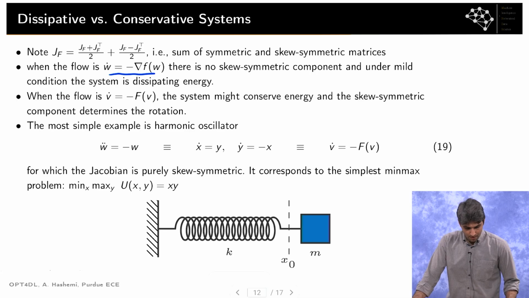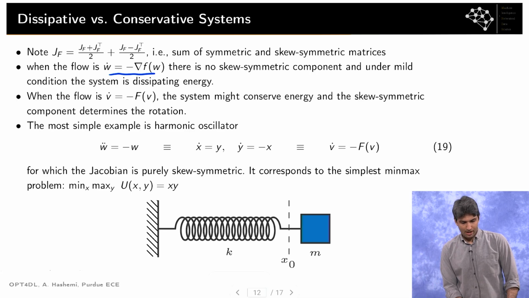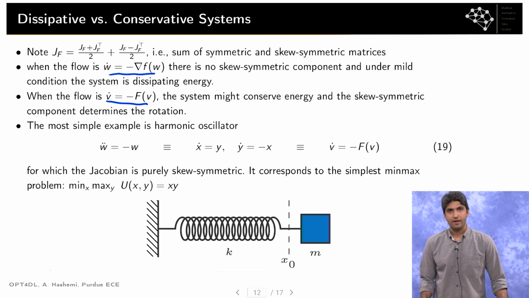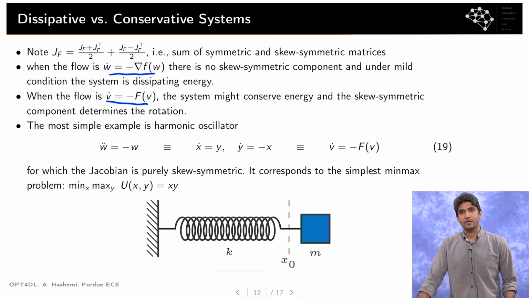Okay? On the other hand, when you have this general flow where capital F is not the gradient of a scalar function anymore, the system might actually conserve energy. And the skew-symmetric component, as I mentioned, given that it has these complex eigenvalues, determines rotation.